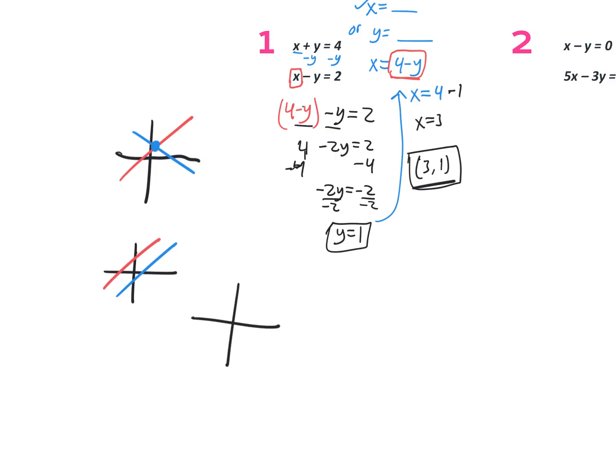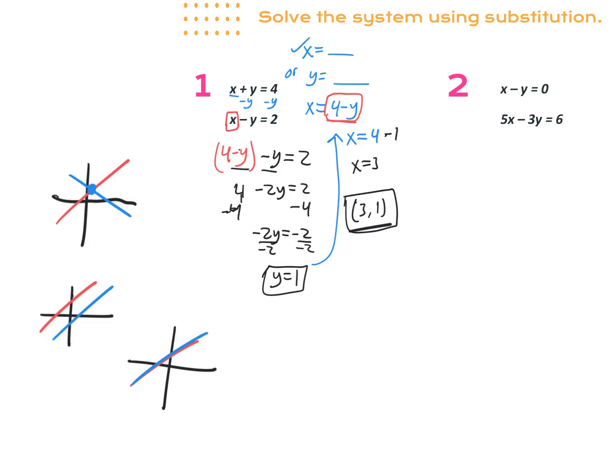Or sometimes you get two lines that are exactly the same line, one right on top of the other, and that's infinitely many. So your solutions to these kinds of problems exist as a representation in the coordinate plane. We write it as an ordered pair because it represents a point where lines intersect.